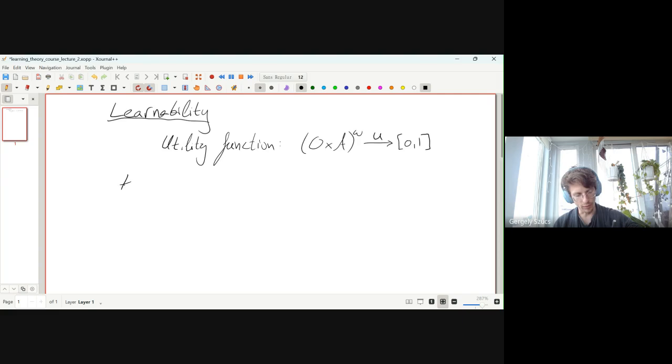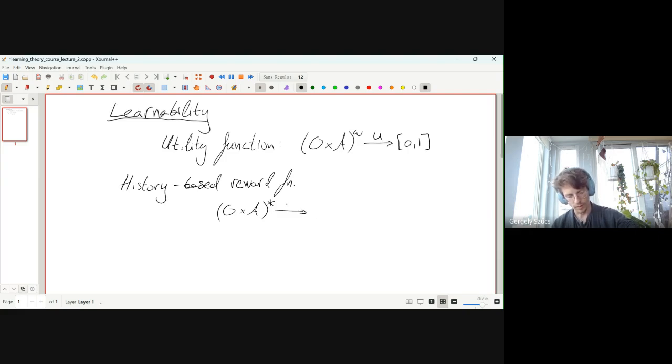A general form would be a history-based reward function, which takes in a history of observations and actions. So this is a finite string of these.